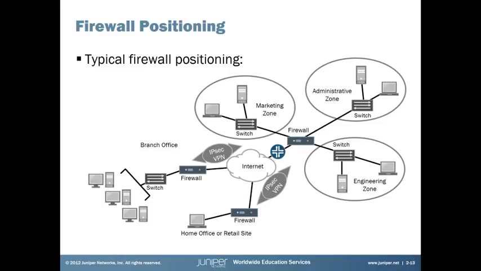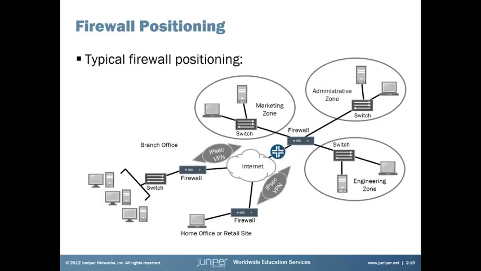Over here with our branch office, it's a similar sort of situation, hooking into a switch there. Also with our bigger head office here, we've got this router, and our firewall then sits behind our router. So the traffic comes in to our router, and then our firewall takes care of it from there. So that's kind of traditional firewall positioning.